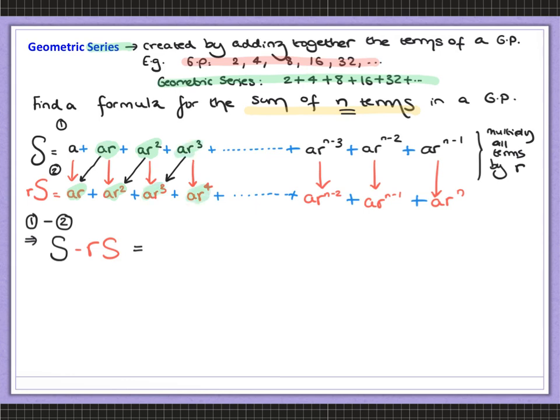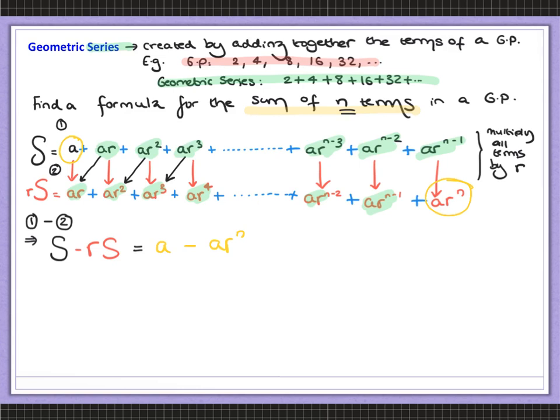So this will cancel with something in the previous list. This will cancel with something in the list below. These two will cancel. These two will cancel. You will be left with the only terms that have no match, which is this one here and this one here. So on the right-hand side, we will have a take away ar to the power n.